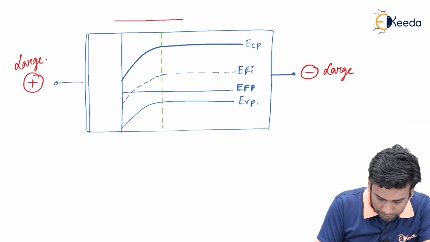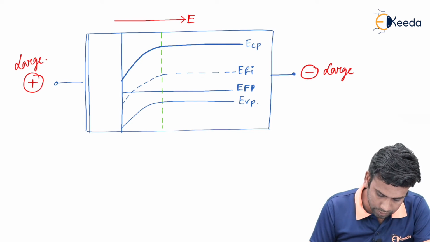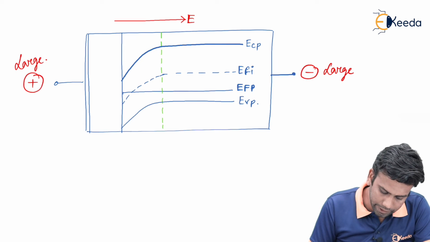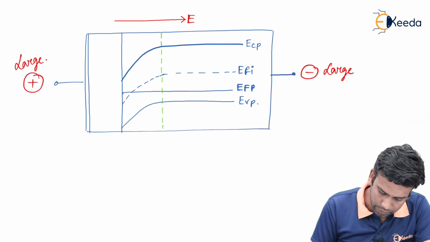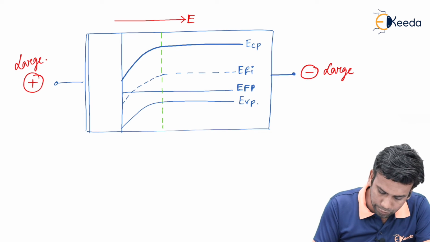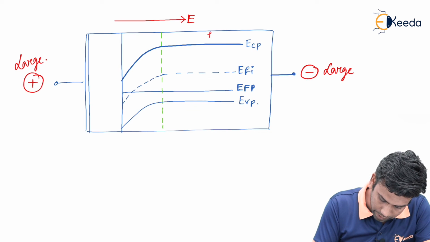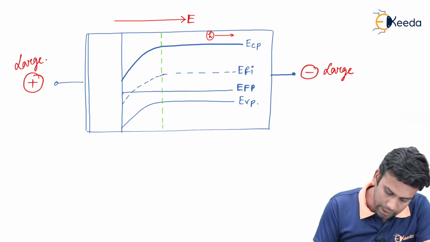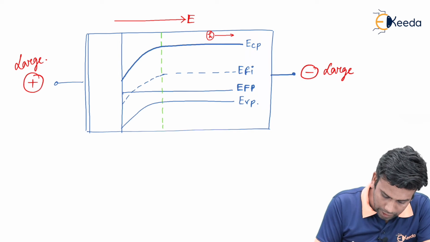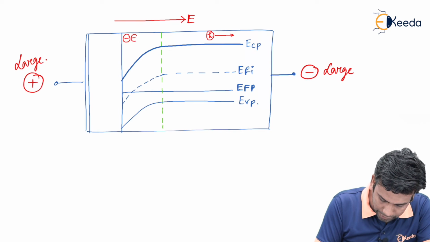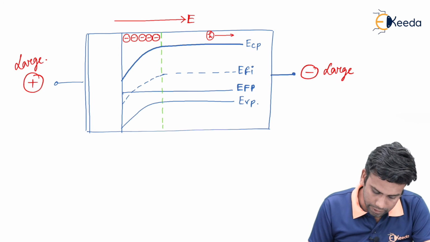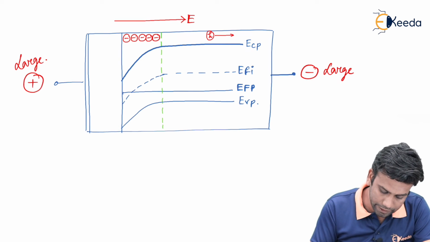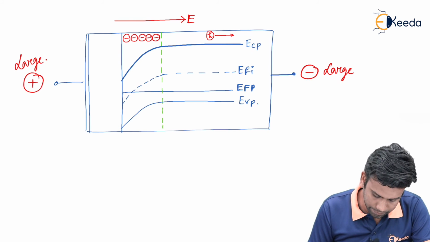So, a large amount of electric field has been created in this direction, and that is why a large amount of holes has been moved away from the interface, and that is why a large amount of acceptor ions has been accumulated near the interface, that is denoted by this green line.